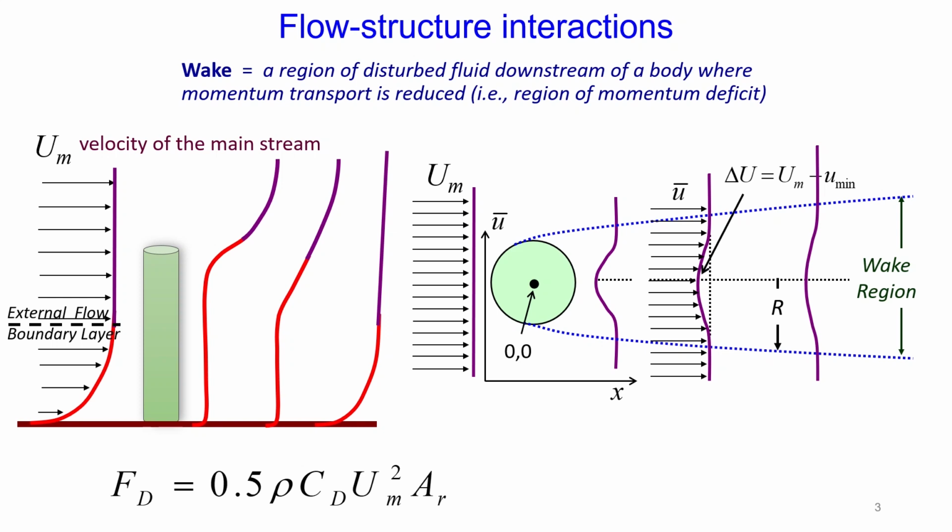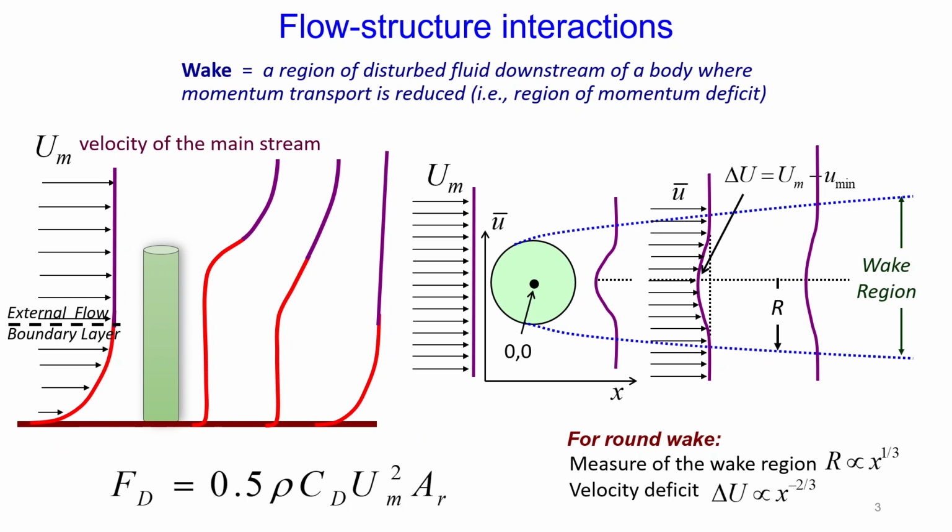For the wake region, there are also a couple more parameters which are important, and these parameters depend on how far away from the structure we are considering the velocity profile. For a round wake, which is formed behind a cylinder of diameter d, there are two parameters.